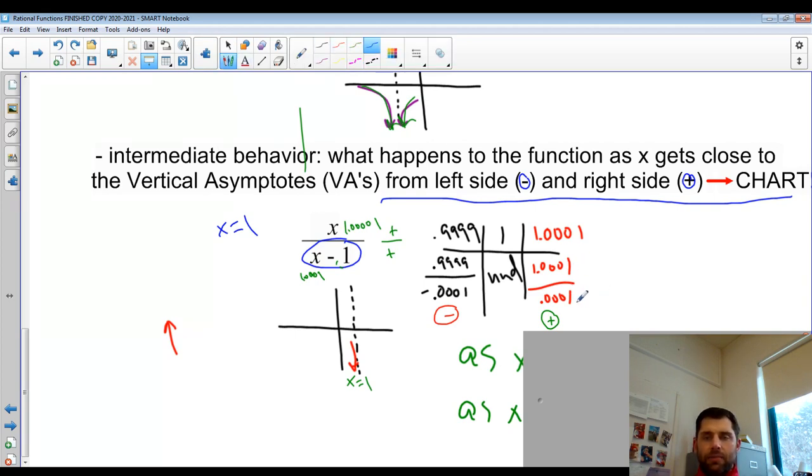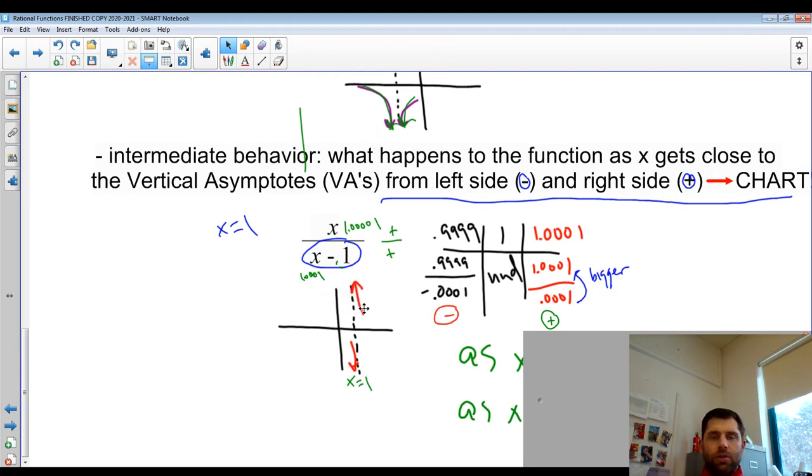It's how many times does this fit into my numerator. So the smaller the denominator gets, the bigger this output is, right? A number divided by a super tiny number, 0.00001, goes into that 1.0001 a lot of times. All right, and it's an overall positive value.